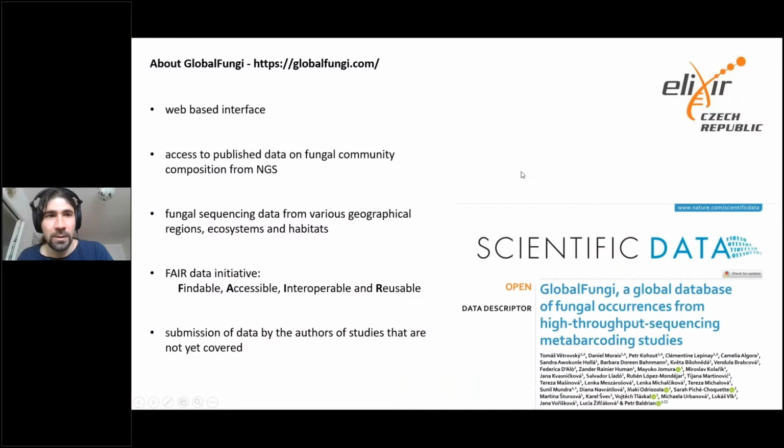Okay. So what is GlobalFungi? GlobalFungi is a web-based interface, and we've tried to collect as many fungal markers as possible from different studies, which originated from next generation sequencing, so we can give people access to information and content from studies which were already published, but after the study was done, those sequences are just laying in some repository.